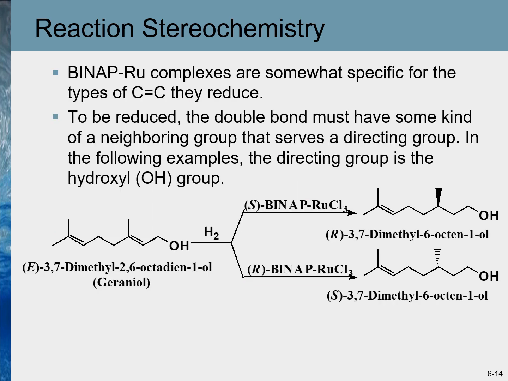The BINAP ruthenium complexes are somewhat specific for what kind of double bond they can reduce. The double bond must have some kind of neighboring group that serves as a directing group. For example, in this molecule you can see that we have two carbon-carbon double bonds, but when we do the hydrogenation, only the bond where the neighboring OH group is present gets reduced.